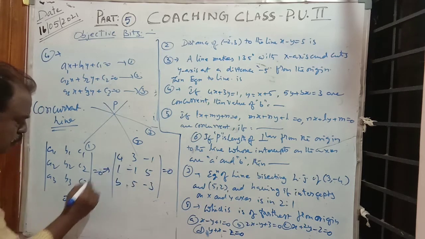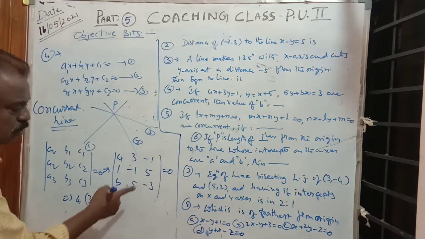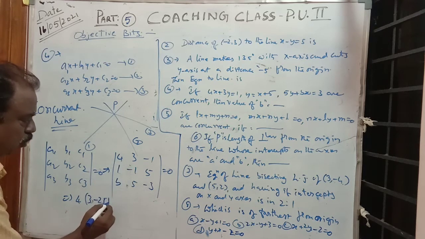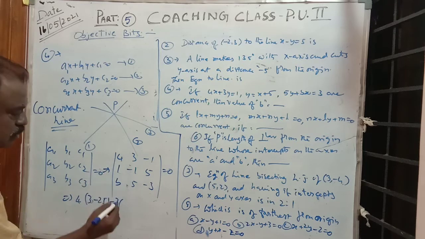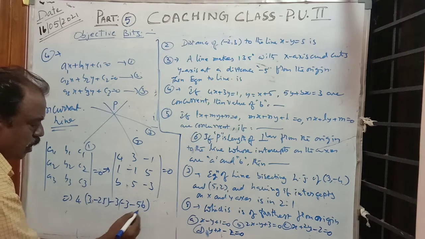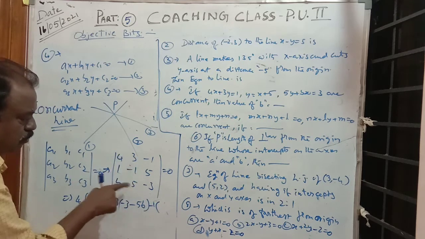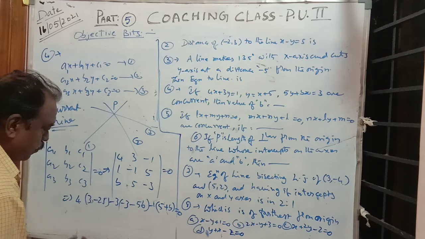Through that one we can find: it is 4 of (3 - 25). Right? -1 and -3, 3 only. -25. Minus 3 of this, the column and row cancel. It is -3 - 5b. And -1 of (5 + b) is equal to 0.